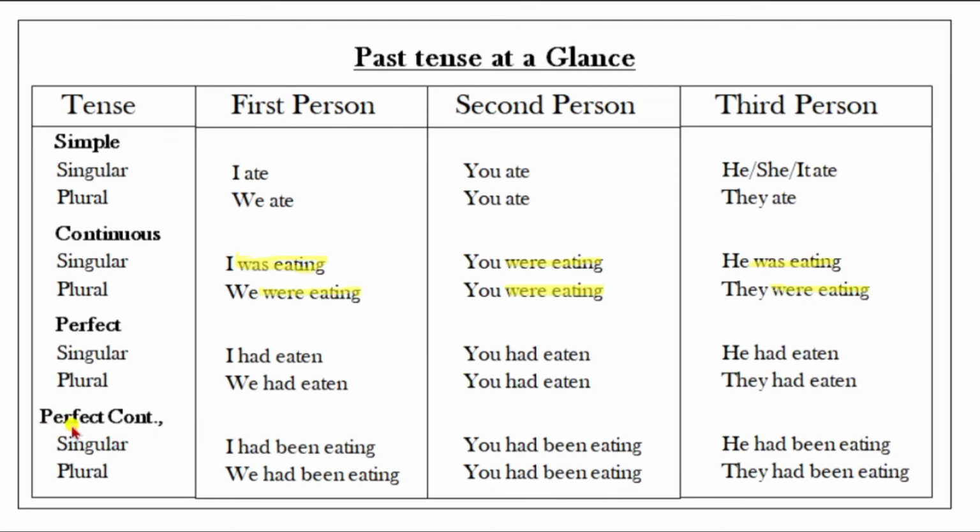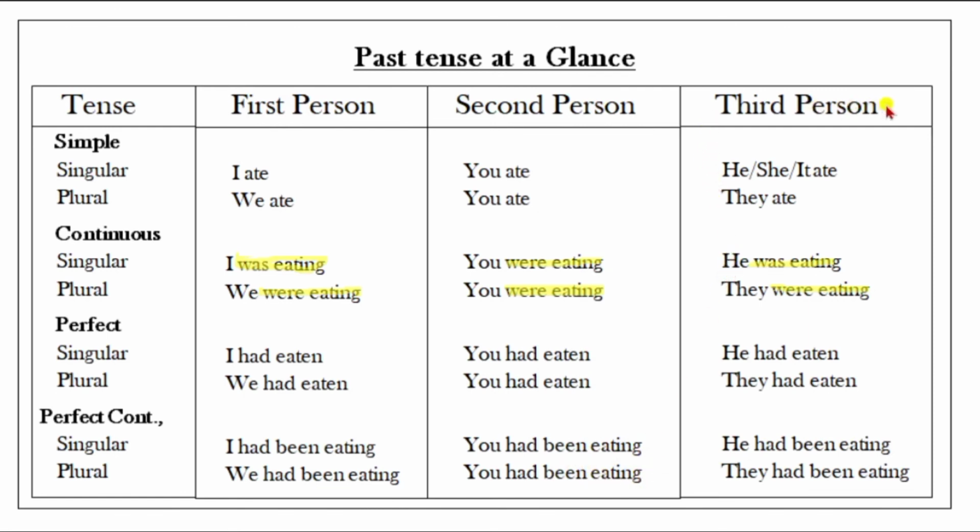And perfect continuous tense, singular and plural. I had been eating. We had been eating. That means singular and plural after also had been we are using, and verb 4 using there. And second person, singular and plural also you. Both after also we are using had been helping verbs and also verb 4.